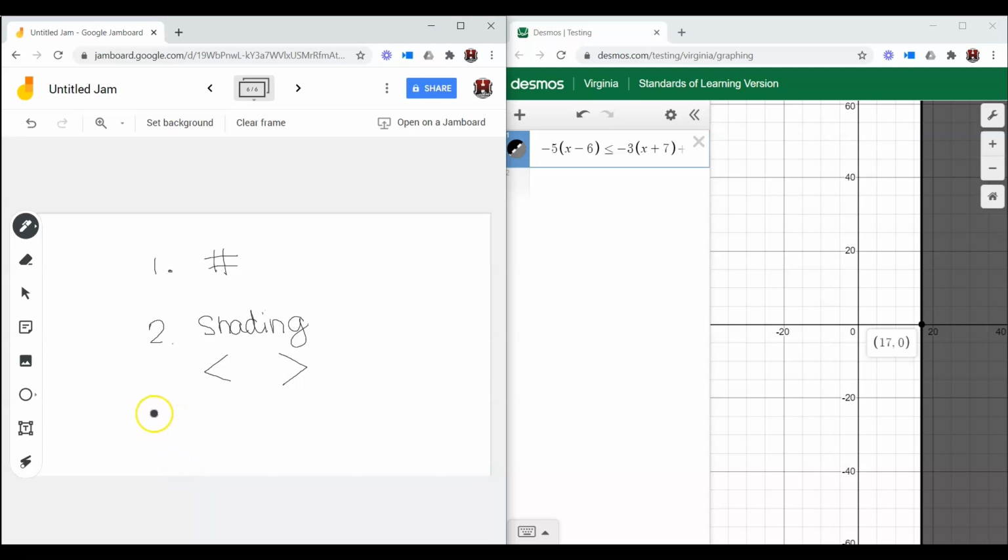Okay? And then decide whether to underline that symbol. If it is a solid line, we underline. If it's a dotted line, we don't. So that's how this goes.